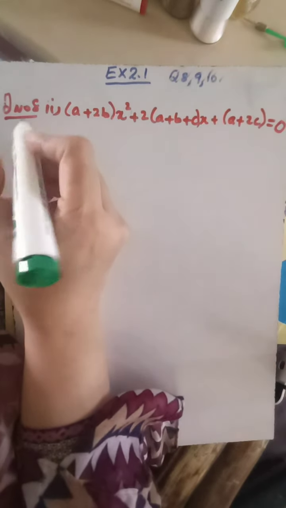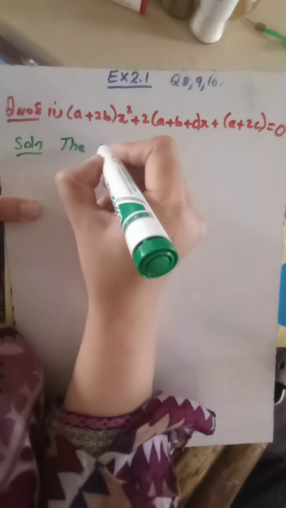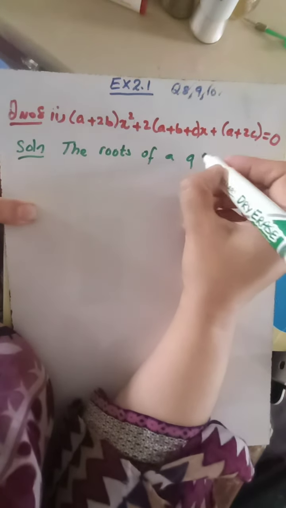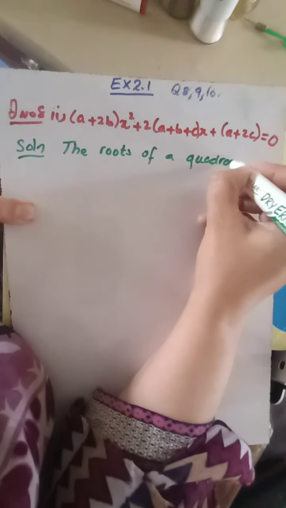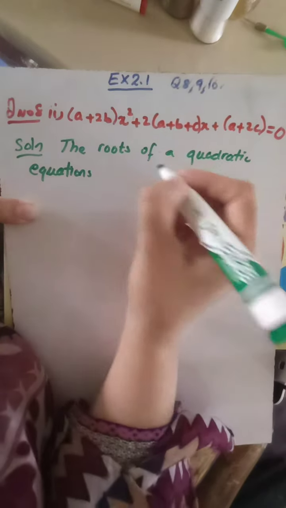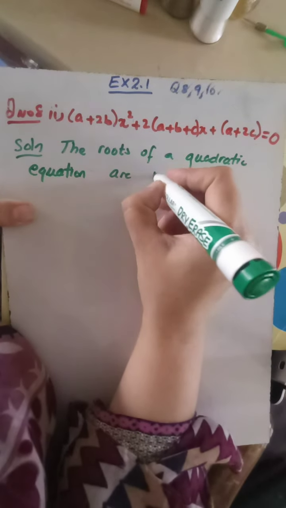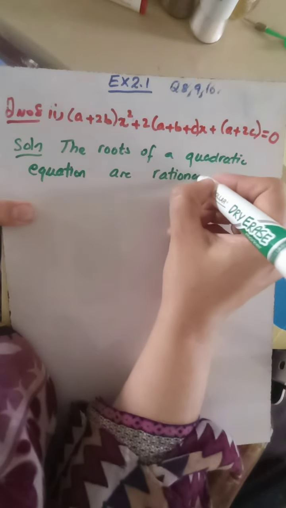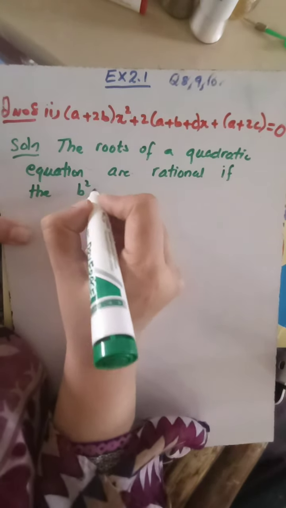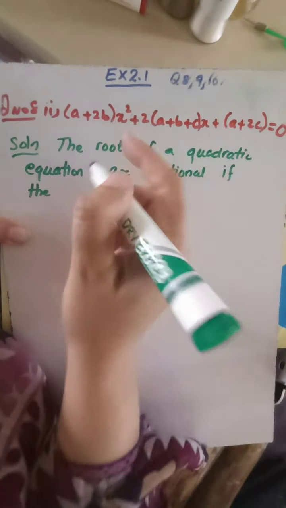Now solution. Now we know that the roots of a quadratic equation are rational if the discriminant, which is B square minus 4AC, over here I am going to use capital letters because we have already small letters in the question.